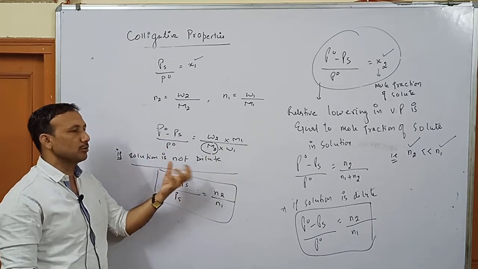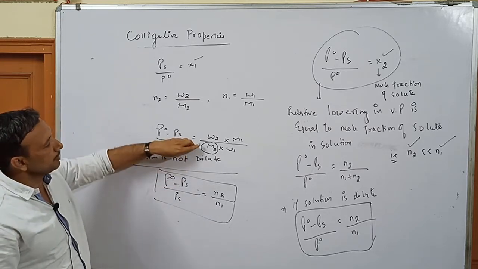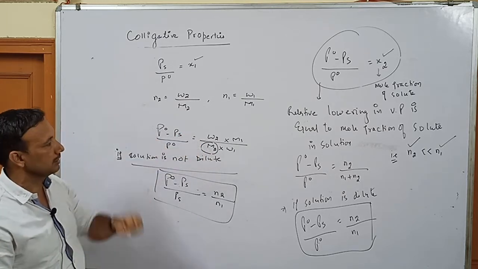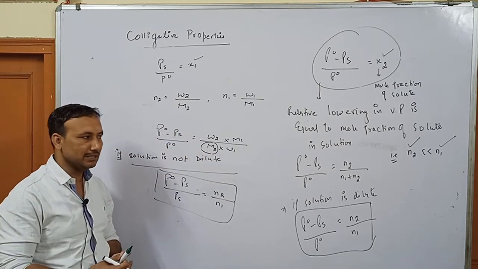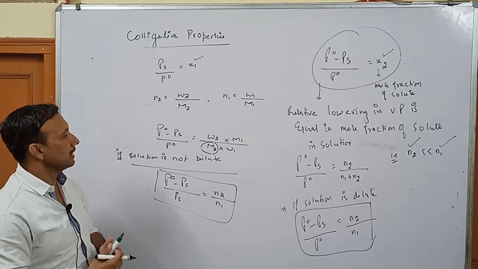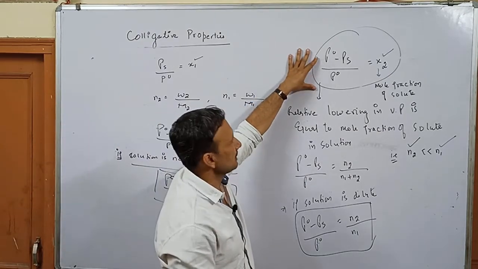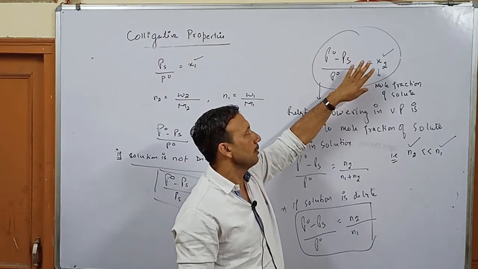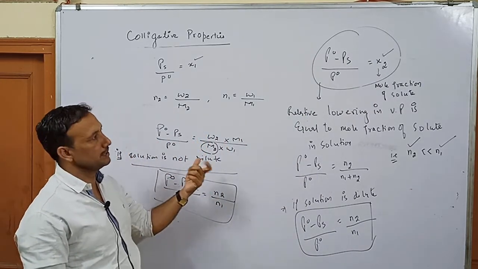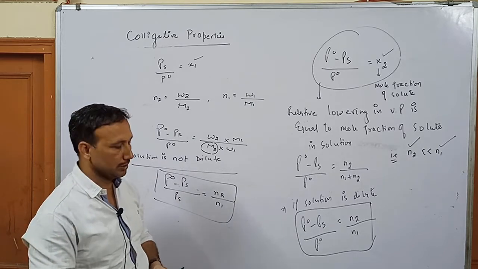So by using this colligative property, relative lowering in vapor pressure, we can calculate the molecular mass of solute in a liquid solvent. So this is our first colligative property, relative lowering in vapor pressure. Relative lowering in vapor pressure is equal to the mole fraction of solid solute which is present in liquid solvent to form a solution.